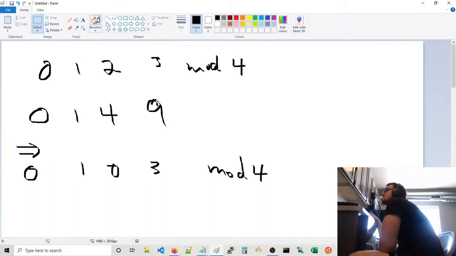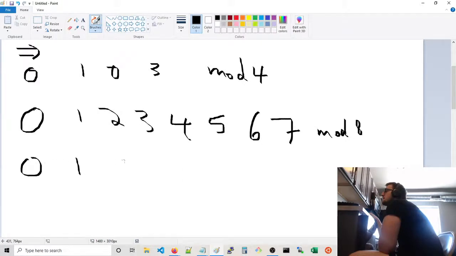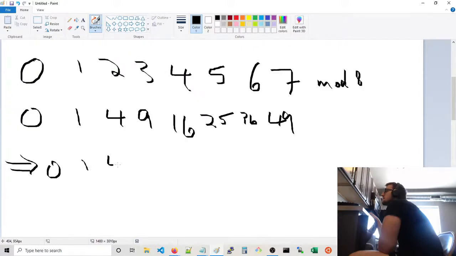If you take these possibilities mod 8, and you square them, you have 1, 4, 9, 16, 25, 36, 49, which then gives you 0, 1, 4, 1. 16 mod 8 is 0. 25 mod 8 is 1. 36 mod 8 is 4. And 49 mod 8 is 1. Right.